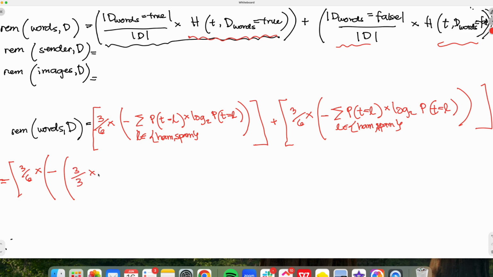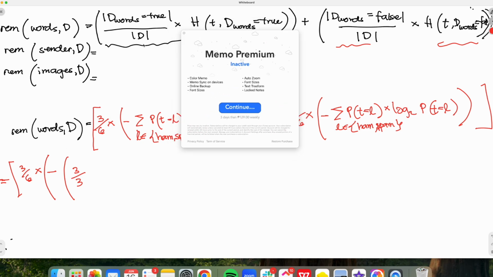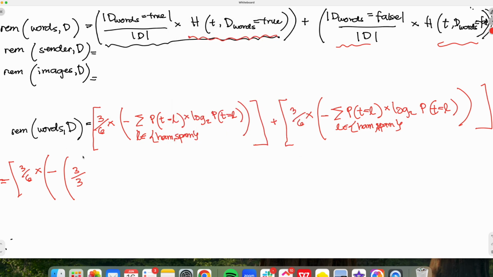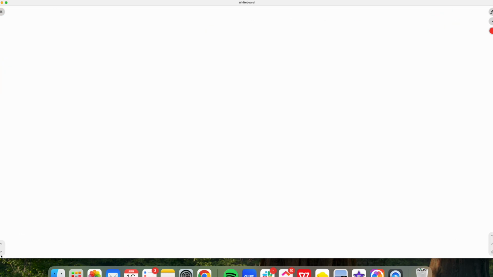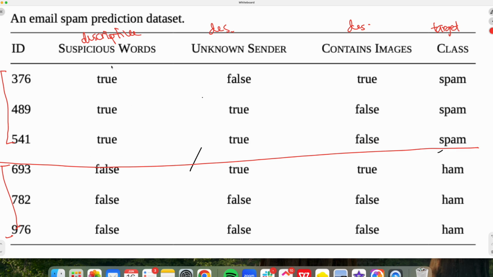Let's first see the values for true that also has a target feature that is ham. So we have true here and the target is ham.